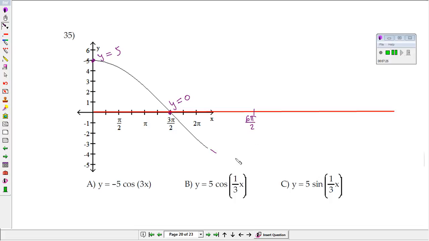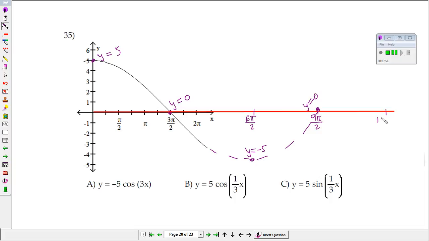It's just a prediction. The point right here will be y equals -5. Then 6 pi over 2 plus another 3 pi over 2 will be 9 pi over 2. At 9 pi over 2, the graph comes up, so right here y equals 0.